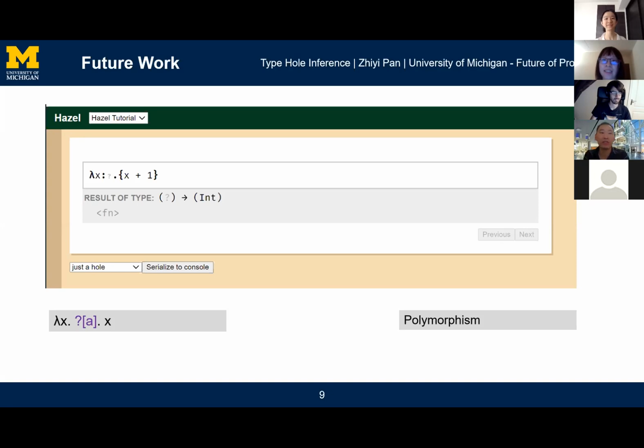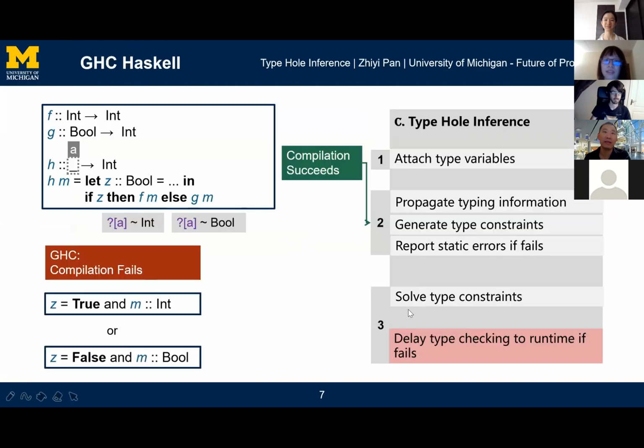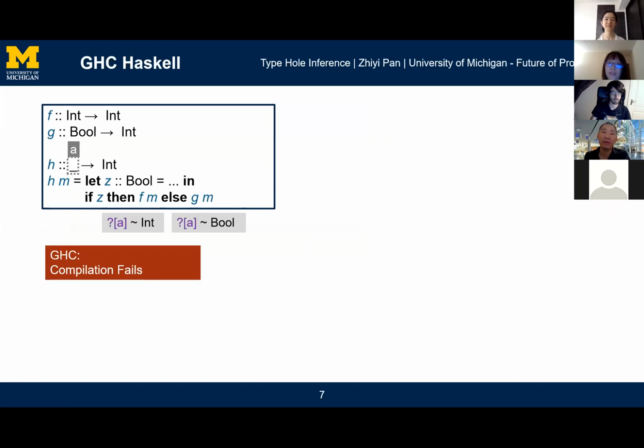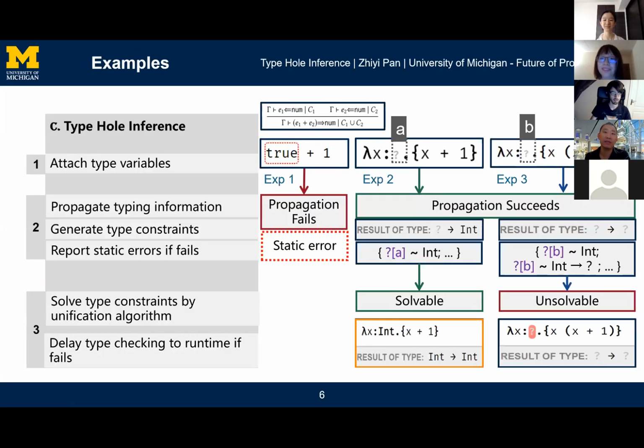I also have a question. The algorithm for deferring to runtime seems a little bit... do you have a sense of how often the type checking has to defer to runtime? How much code have you written in this language? We didn't do such tests before, but compared to Zach's approach, our approach will certainly postpone more expressions to dynamic type checks.